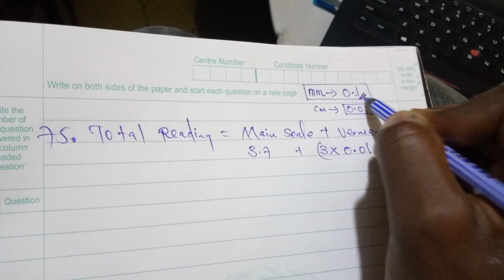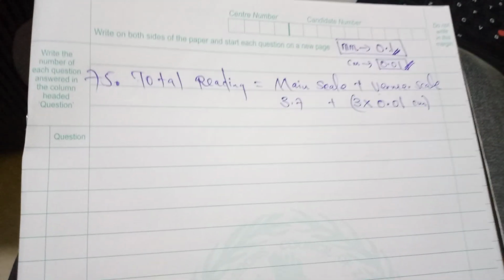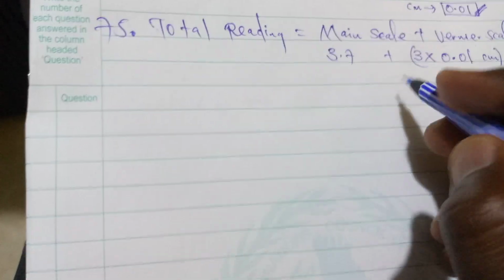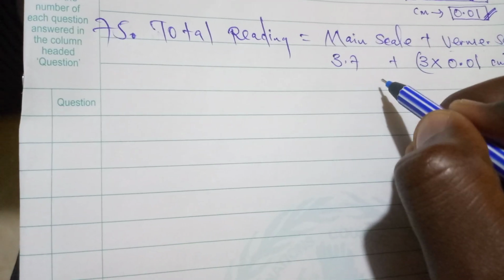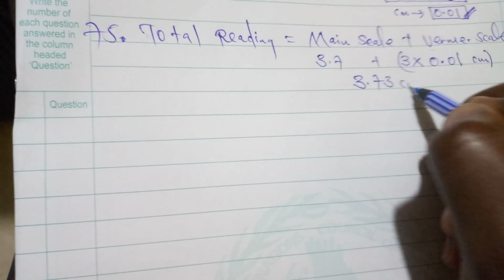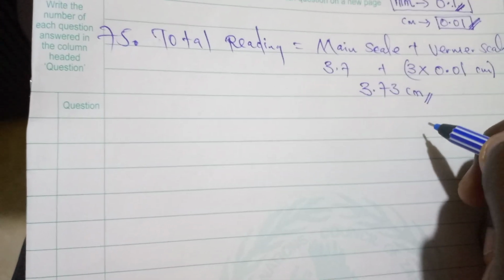Note these two accuracy numbers. From there, when you simplify, you are going to find your total reading to be 3.73 centimeters. So that is your final answer.